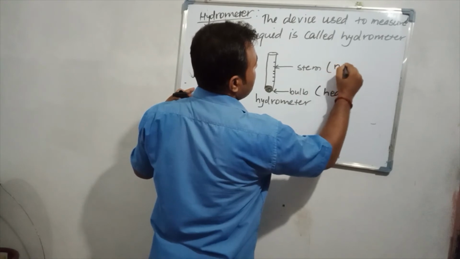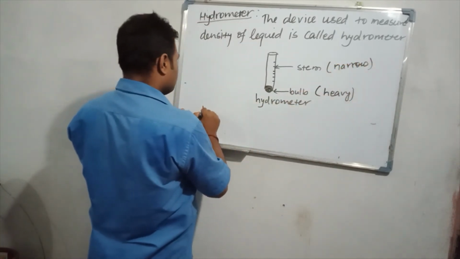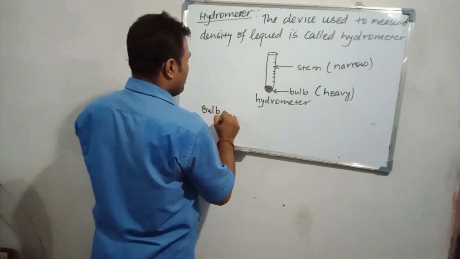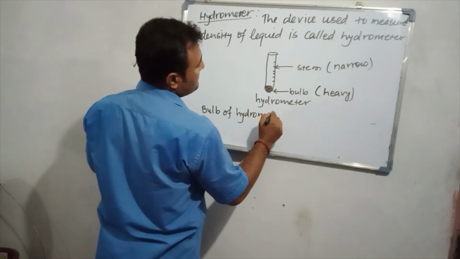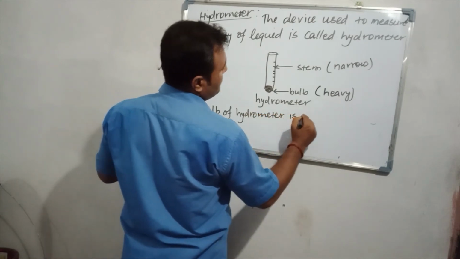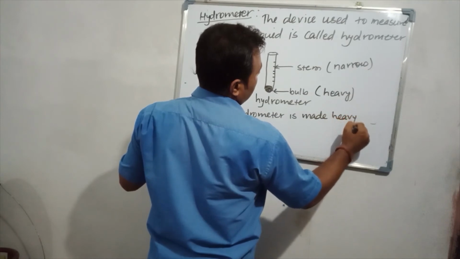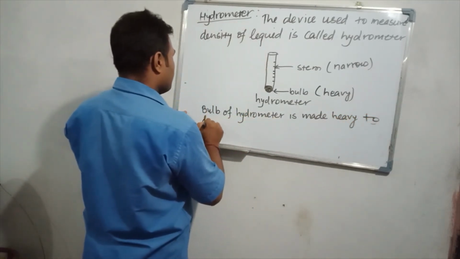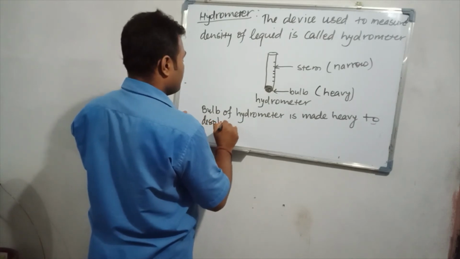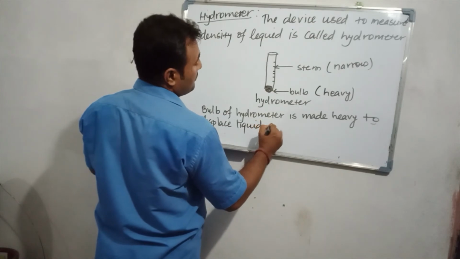The stem is made narrow. The bulb of the hydrometer is made heavy to displace liquid equal to its weight.